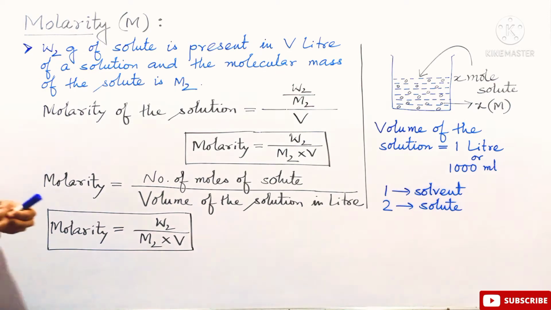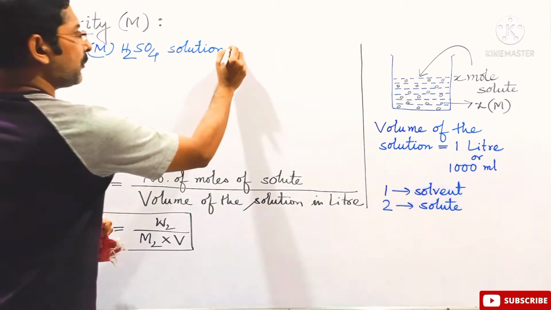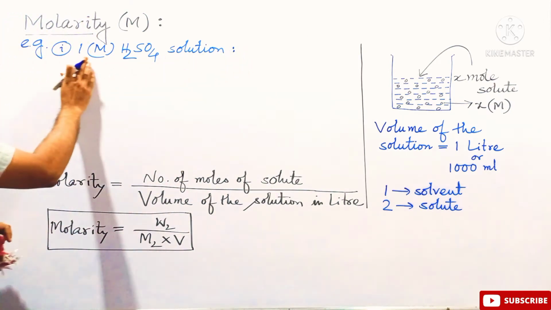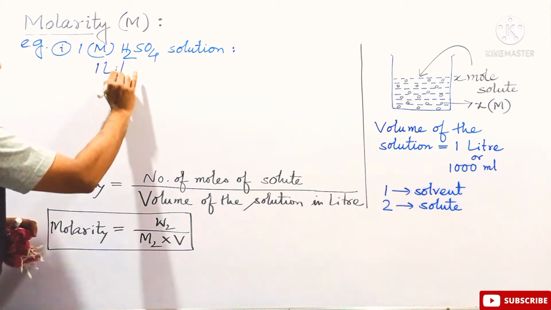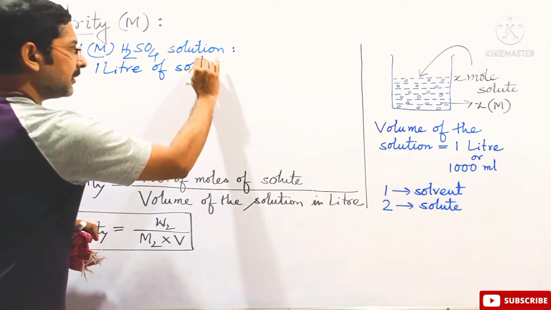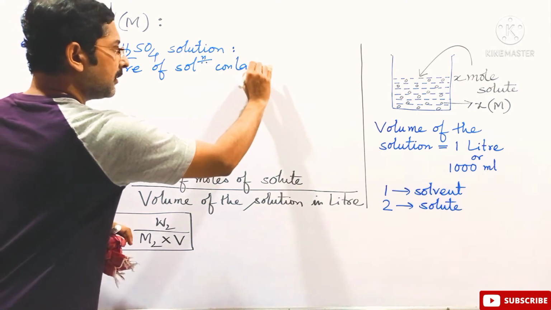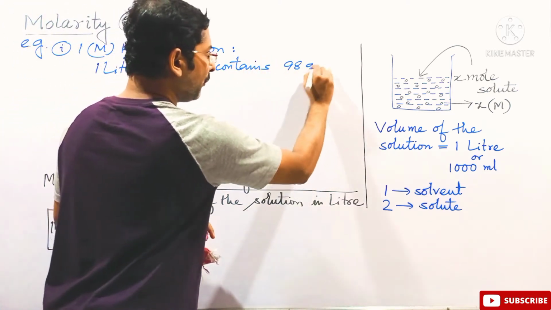Now let us take some simple examples. Our first example is 1 molar H2SO4 solution. Of course, 1 molar H2SO4 solution means 1 liter of the solution contains definitely 98 gram of H2SO4.